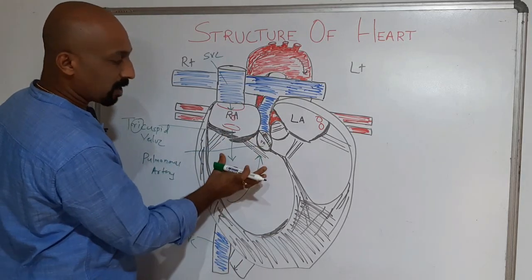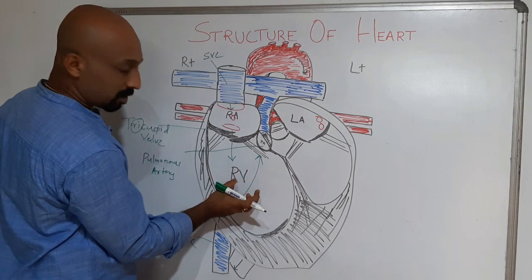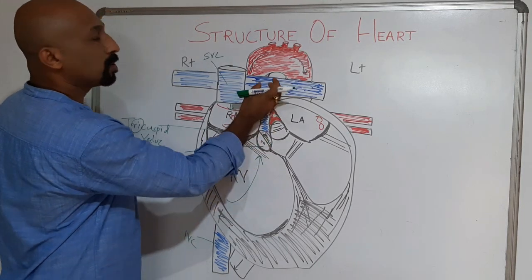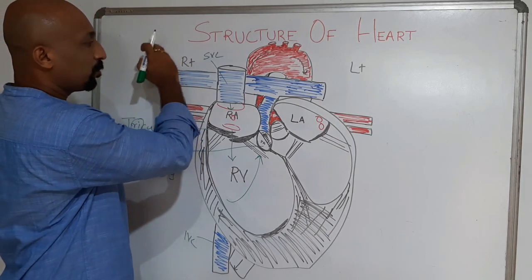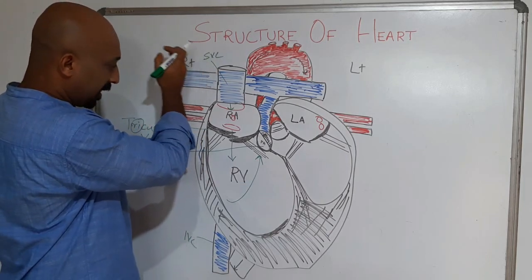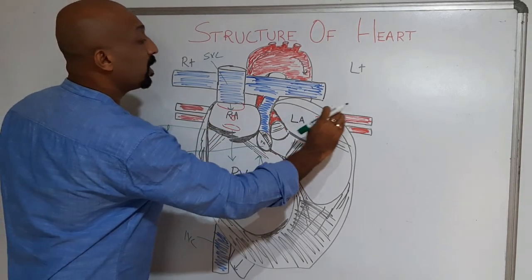So from the right ventricle, when the heart contracts, the blood moves to the pulmonary artery, and it is oxygenated by the process of diffusion in the lungs, and thereby it comes back through the pulmonary vein to the left side of the body.